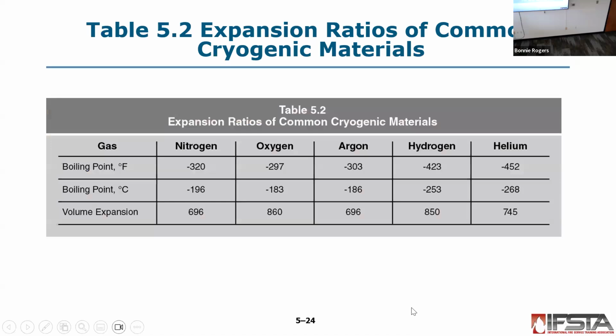And here are some expansion ratios of common cryogenic materials. Look at the boiling point of nitrogen, -320, and then the expansion. Pretty impressive.